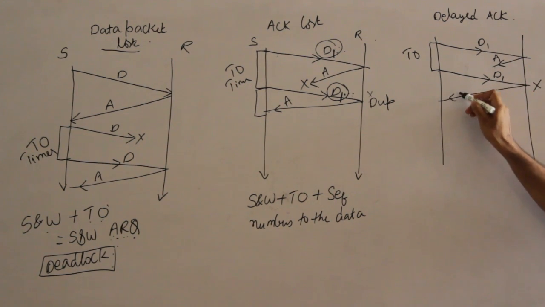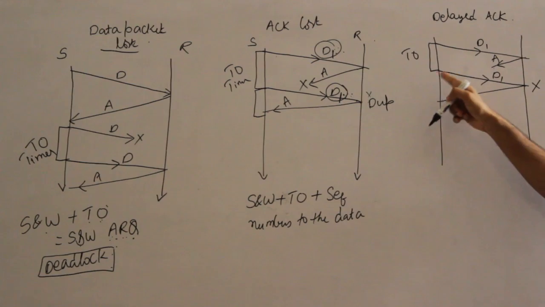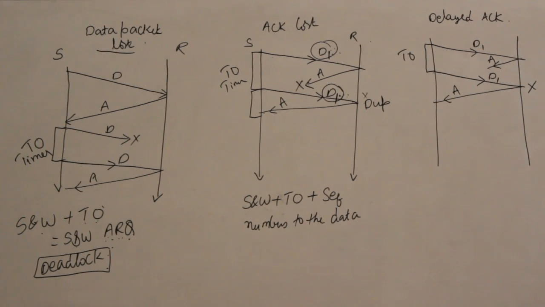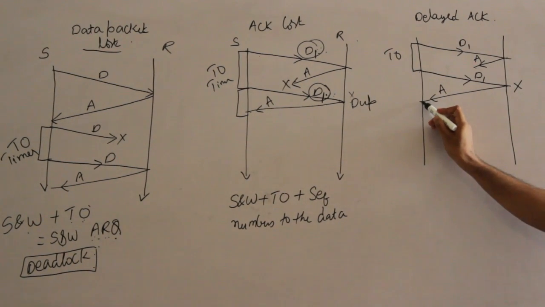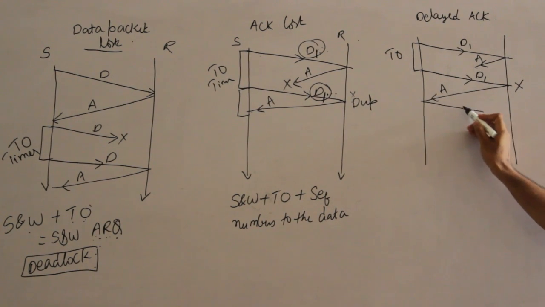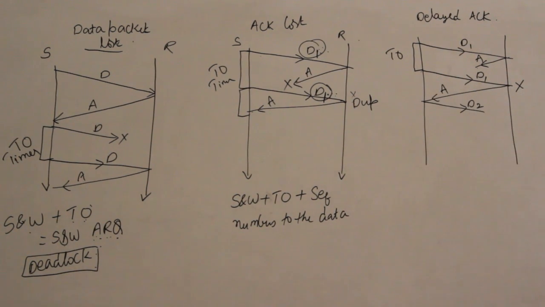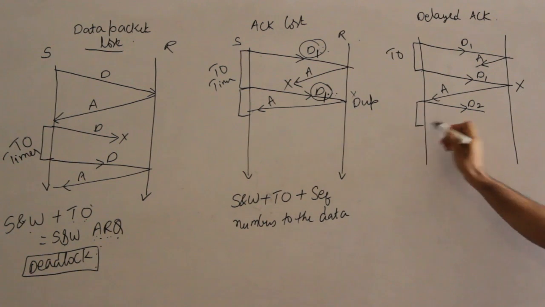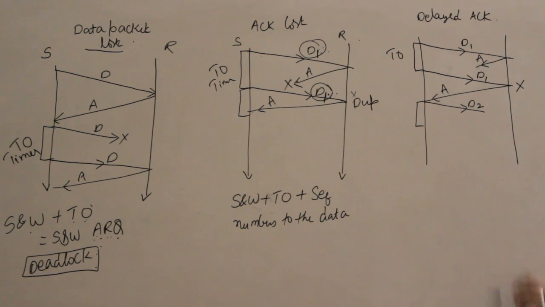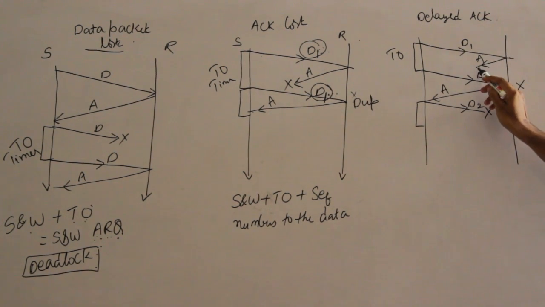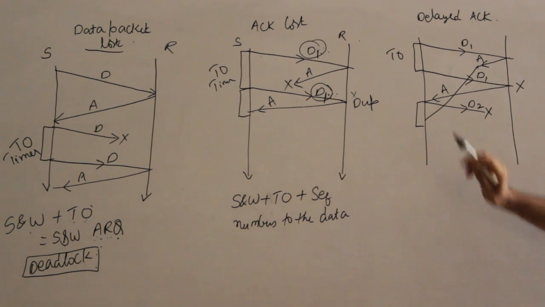Even though the packet is discarded, you are supposed to send the acknowledgement because the other side will be waiting for it, right? And now the sender sends the second packet D2 and waits for the acknowledgement for the second packet in this timeout. Now the second packet is lost, but the previous acknowledgement which was late has arrived now.